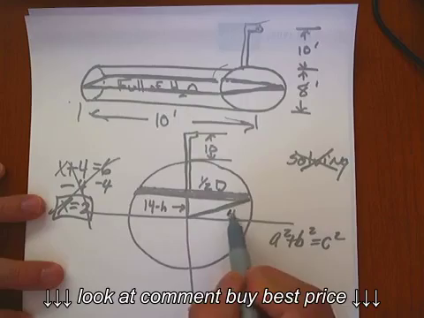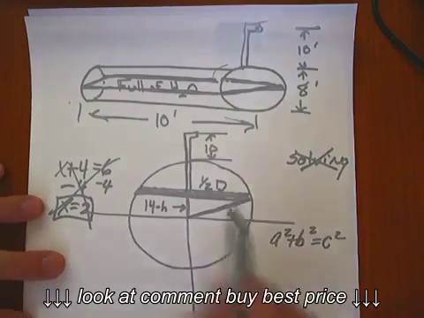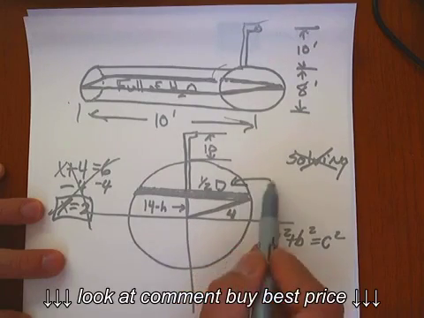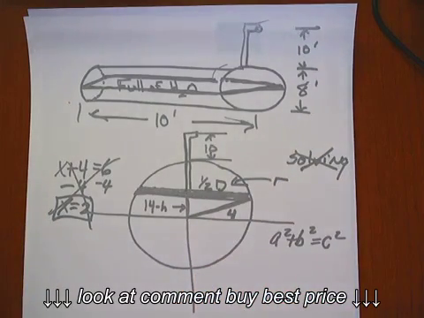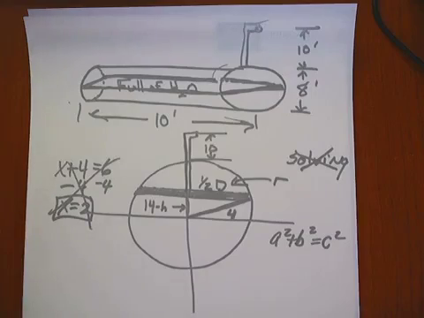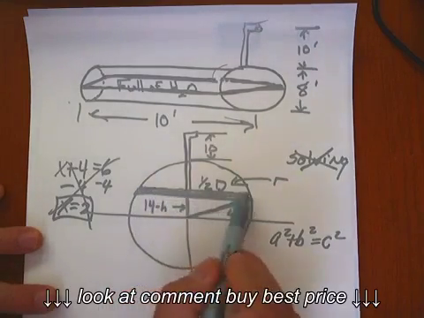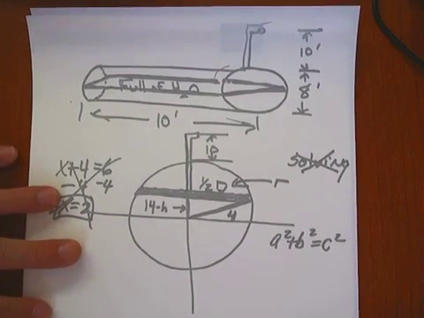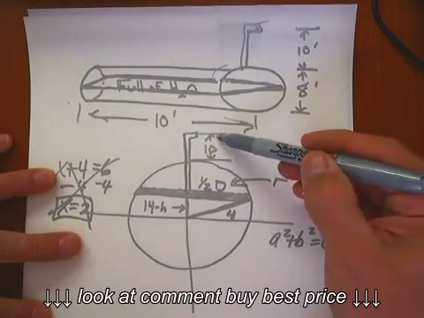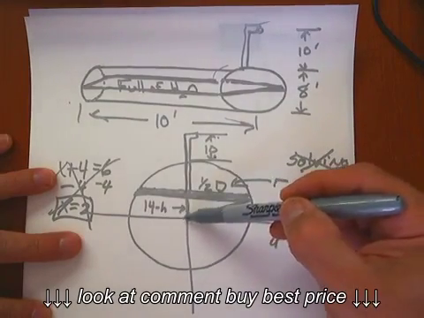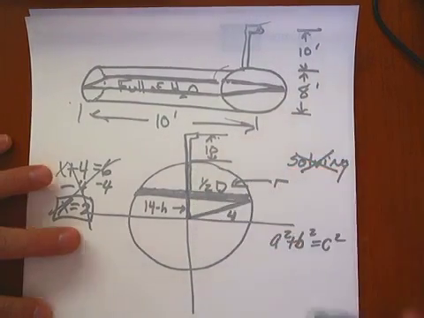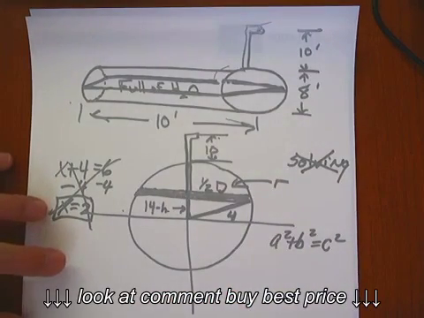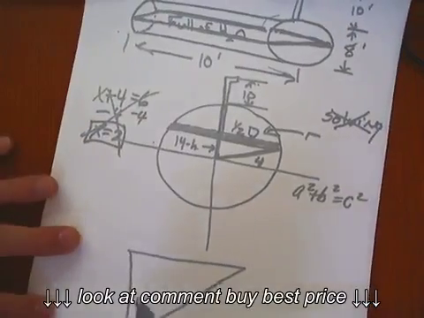And in this case, the radius is 4, and the radius is half the diameter. Now here, you can use r if you want to. I use d because it goes all the way across, so that's why I use d. And the relationship you're looking for: you've got 10 foot of pipe and 4 foot radius, and we're going to make that 14 minus h.